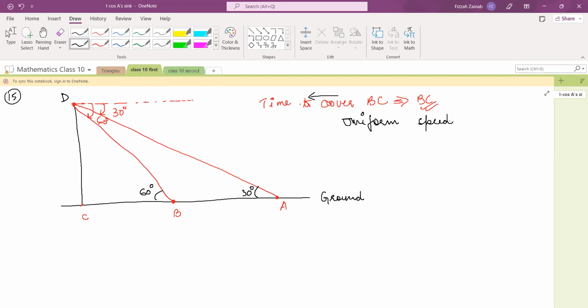Uniform means it is not changing throughout the journey. If it is 50 kilometer per hour, it remains 50 kilometer per hour throughout the journey. Understood, Sarah? So it can be 100 kilometer, it can be 120, but it is same throughout the journey. Then it is called a uniform speed. Otherwise, you cannot solve this problem if the speed is not same. All right.